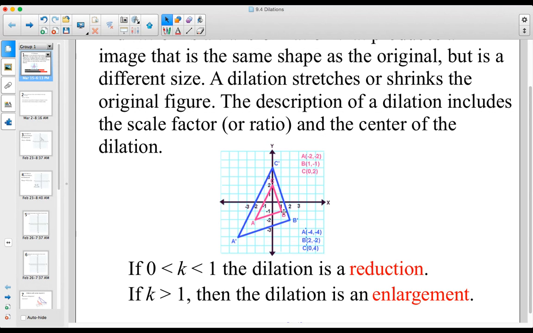ABC is the pink triangle in the middle, and it looks like it has a scale factor of 2. All these vertex coordinates are doubling. A goes from (-2, -2) to (-4, -4). So this would have a scale factor of 2. Everything is doubling.